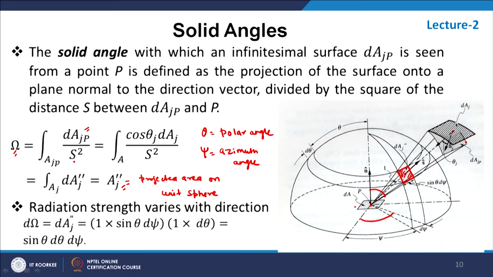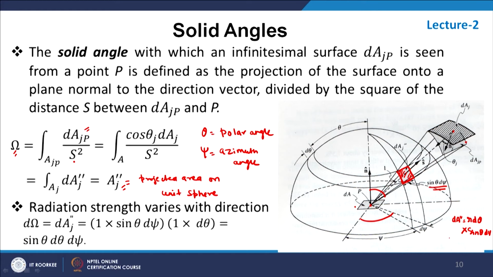This is the projected area that I have marked, given by dAj double prime, and its sides are equal to sin theta d psi, and r d theta, where r is equal to 1. So, one side is d theta and the other magnitude is sin theta d psi. So, dAj double prime is equal to r d theta times sin theta d psi.